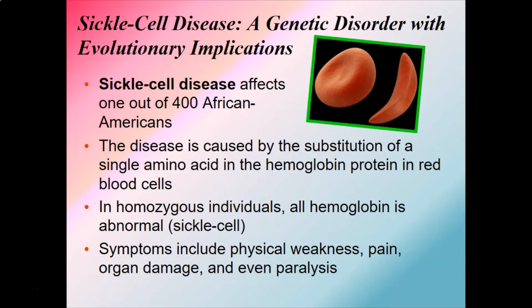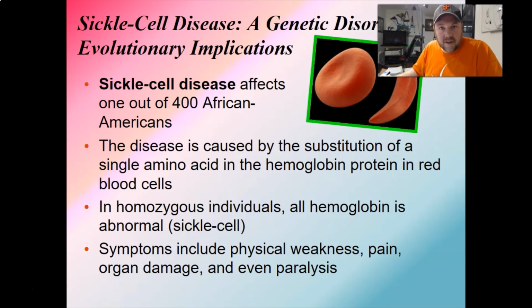So in homozygous individuals, basically all the hemoglobin is going to be abnormal. Okay, so if you happen to be little s, little s, you're in some trouble. And that blood is going to have to squeeze through your body, through all your little capillaries and tiny blood vessels, and it doesn't go well.